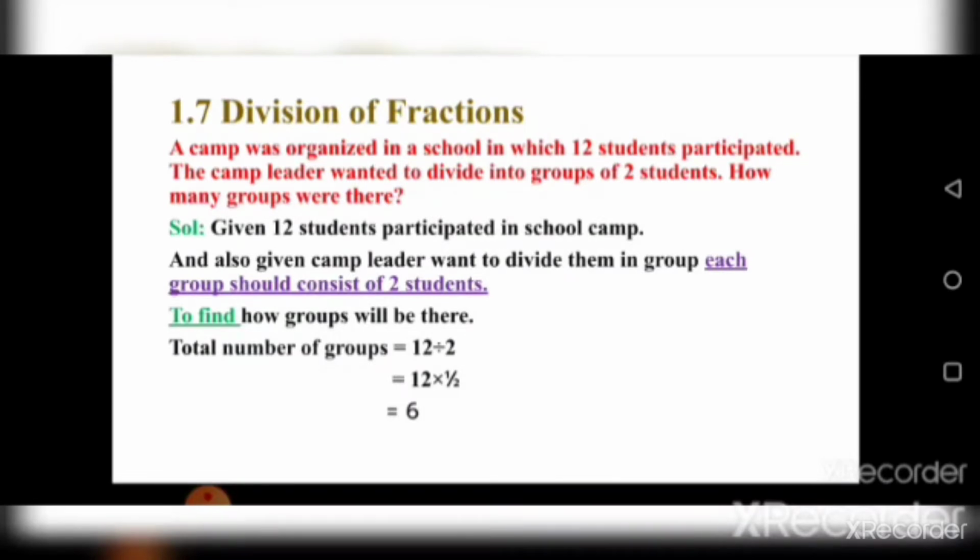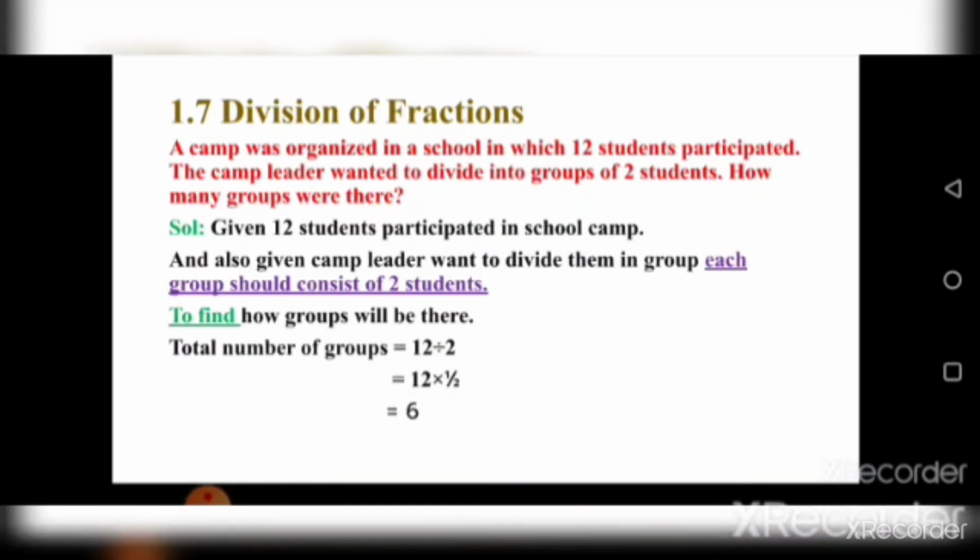Next step, write the 12 as it is, 12. Division will convert to multiplication. When division is converted to multiplication, the number or fraction after the division will be the reciprocal. Reciprocal means the numerator goes to the denominator and the denominator goes to the numerator.